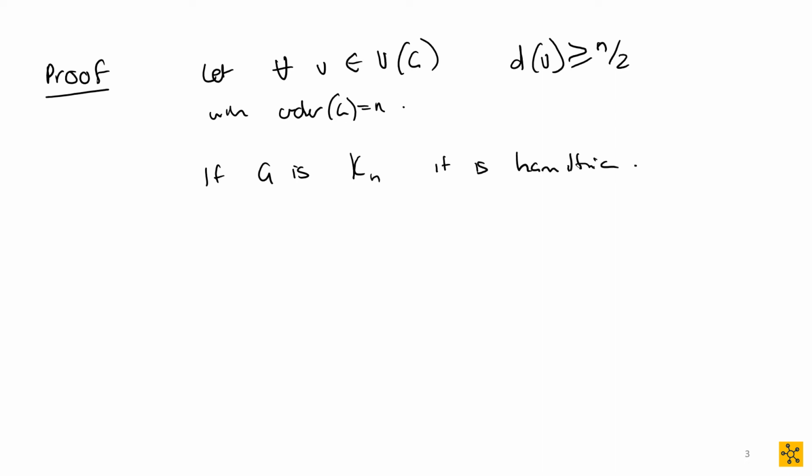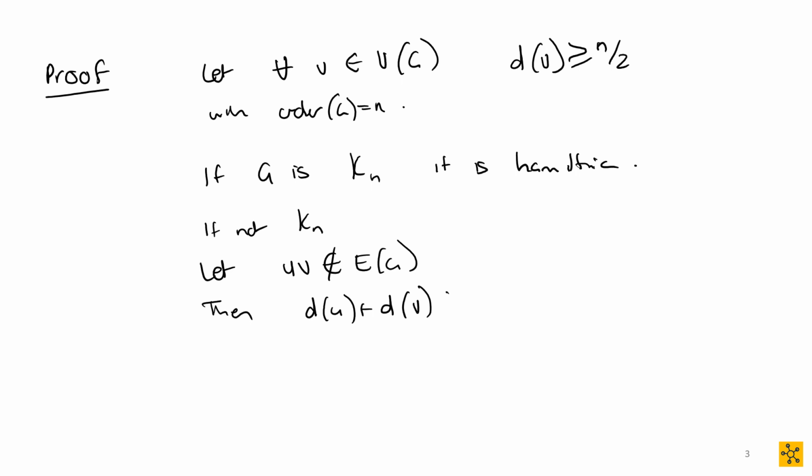And if it is not the complete graph, not Kn, we look at uv, which is not an element of the edge set. Then d(u) plus d(v) is going to be greater than or equal to n over 2 plus n over 2, which is equal to n.